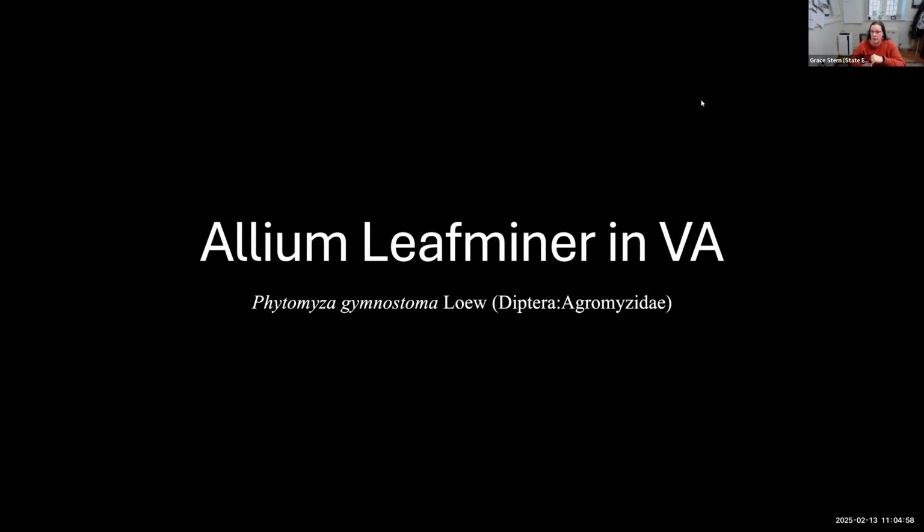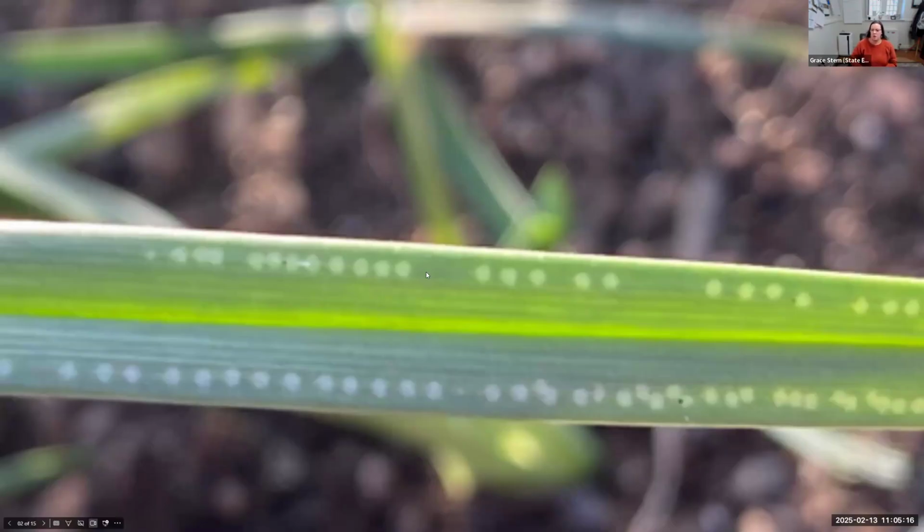It affects salability and storage of alliums in Virginia. And this is going to be a very brief overview of the project, how to scout for it, and some other considerations. The first picture I want to show you is very zoomed in.